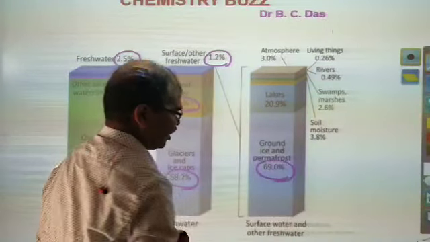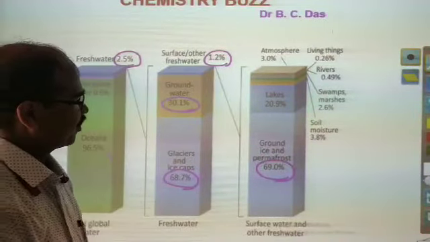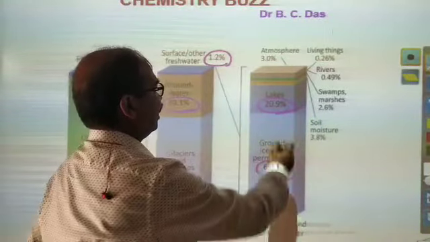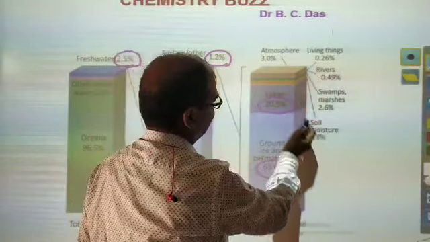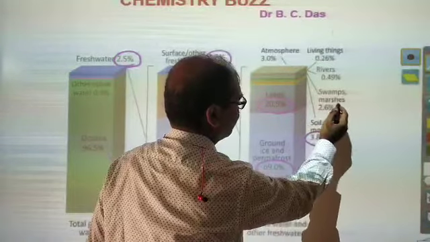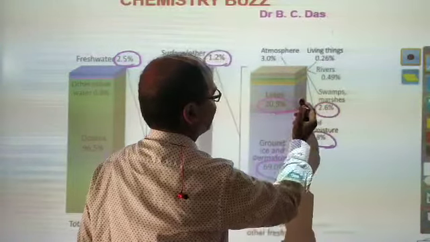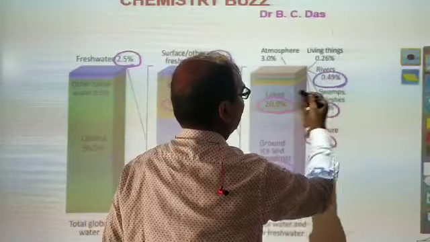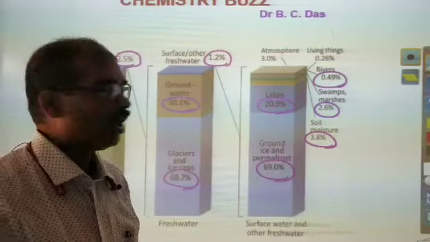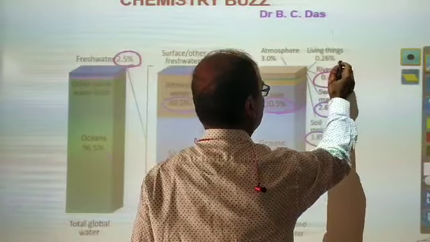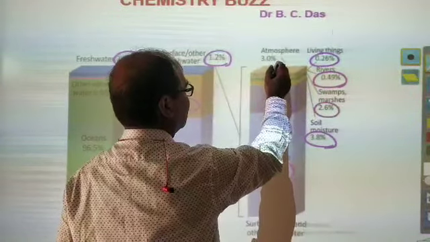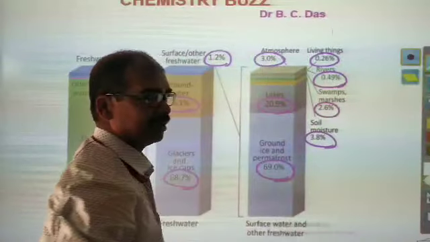consists of 69.0%. Lakes consist of 20.9%, and the rest: soil moisture 3.8%, swamps and marshes 2.6%, rivers 0.49%, and living things, that is all living bodies contain water in their body, a total of 0.26%, and in the atmosphere, water vapor is 3.0%.